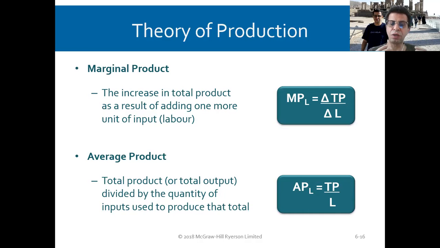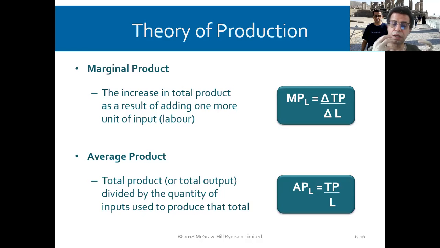Then what you have is called the average product. The average product is the total product, or the total output, divided by the quantity of inputs used to produce the total. So you have 10 units of bricks, 10 units of wood, 10 units of something, whatever. You put them together and you make a small house.